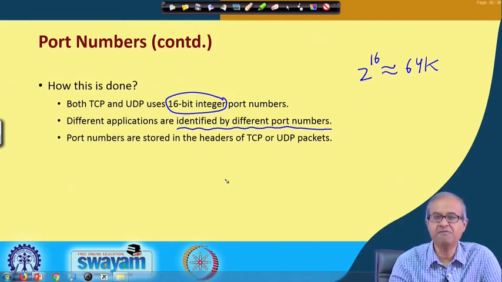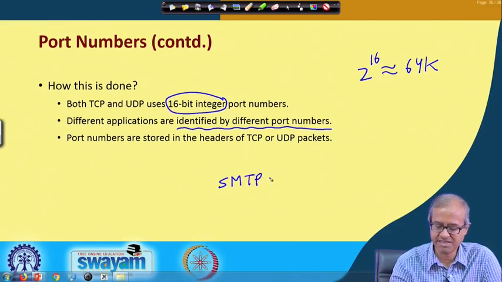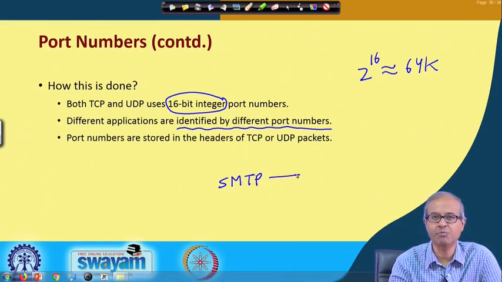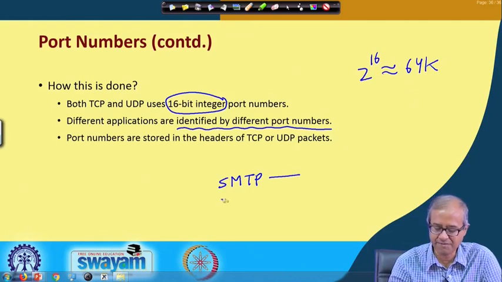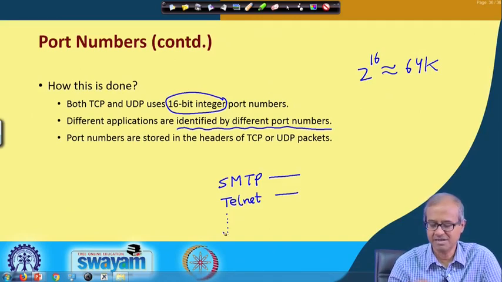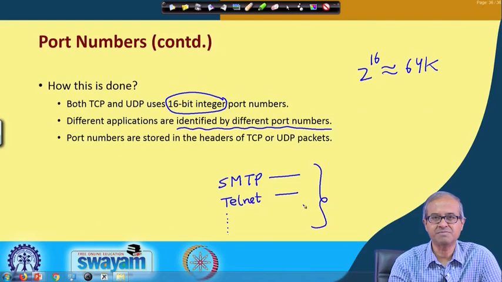Like you think of your mail, SMTP. SMTP will be having some particular port number. You think of some network application like Telnet. Telnet will be having some unique port number. And if you think of any other kind of network application, the common ones will be having some unique port numbers.